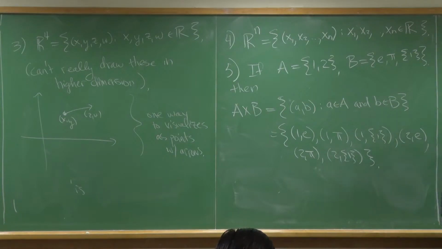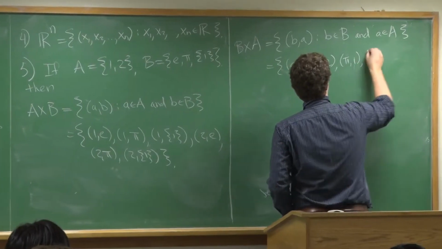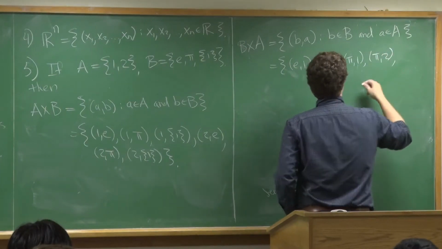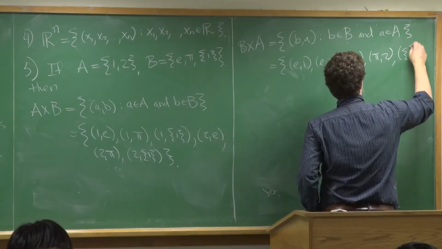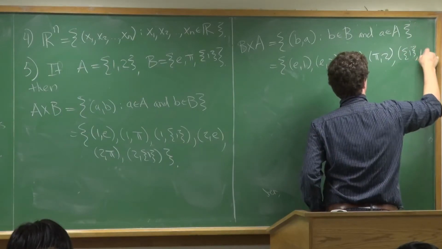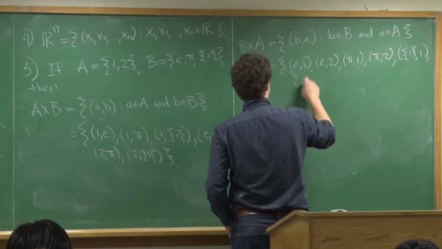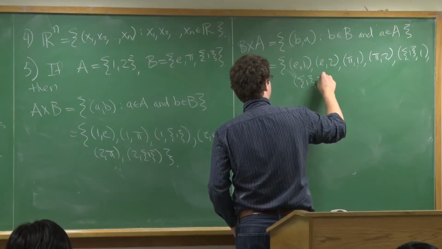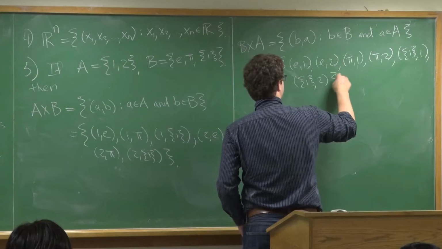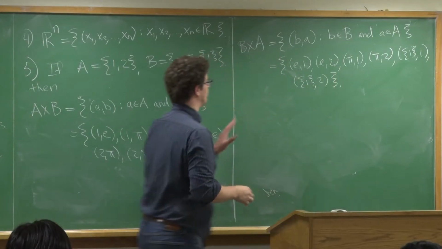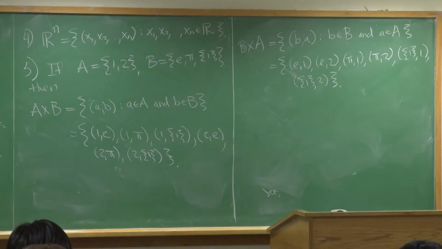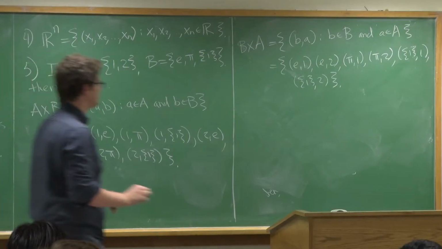The order in which I write the elements in the set doesn't matter, but the order in the tuples does matter. Also a 6-element set, but I just want you to observe that A cross B is not the same thing as B cross A.